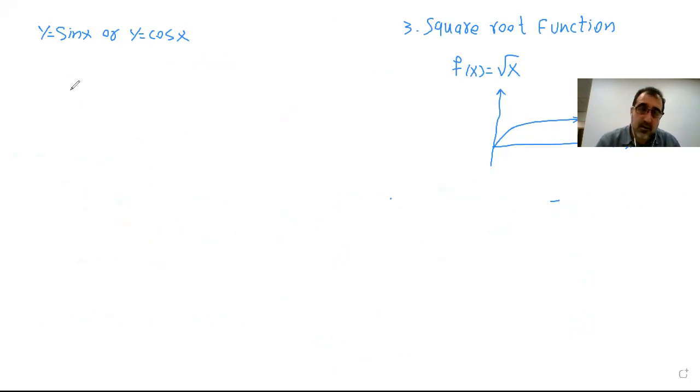Here, for sine x, always keep in mind the domain is between 0 and 360 degrees. Range: y is between -1 and 1. Its graph looks like this.